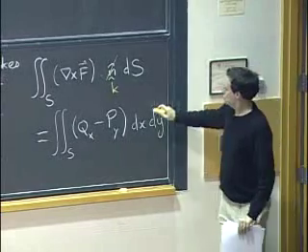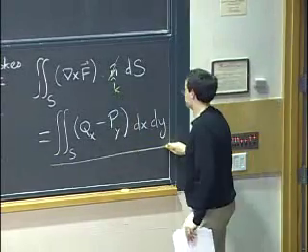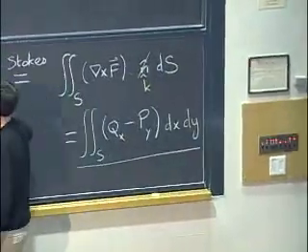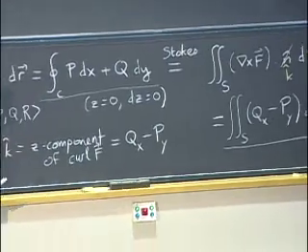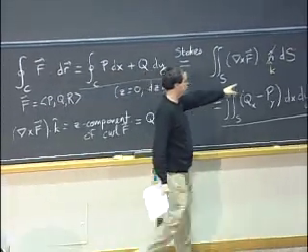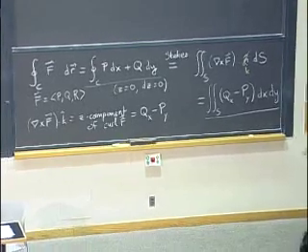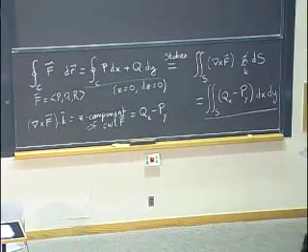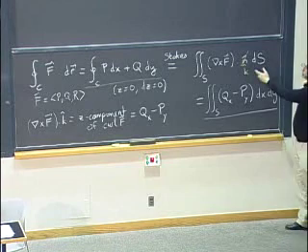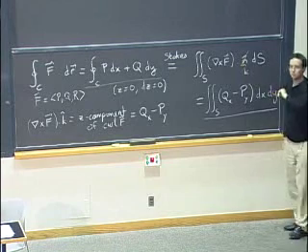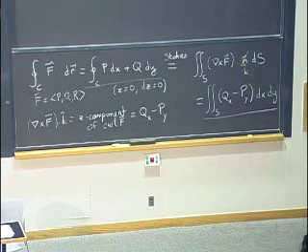So now, if you look at this equality, the integral of p dx plus q dy along a closed curve equals the double integral of q_x minus p_y dx dy. That's exactly the statement of Green's theorem. Right? Except that at that time we called things m and n, but really that shouldn't matter.